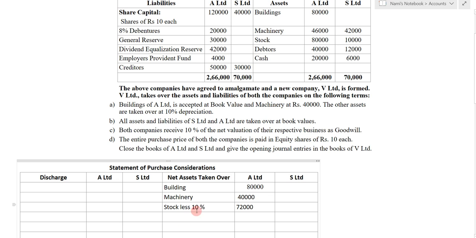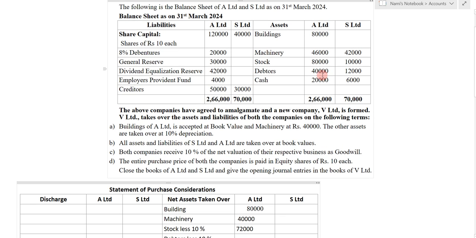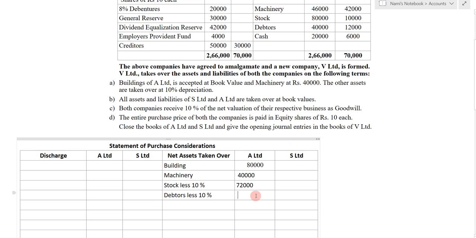So after doing 10% depreciation, we get 72,000. Next, debtors 40,000. Again, for this also, we have to take it at 10% less. So debtors is how much? 40,000. So 10% of 40,000, we get 4,000. So from 40,000 less 4,000, total debtors is taken at rupees 36,000.